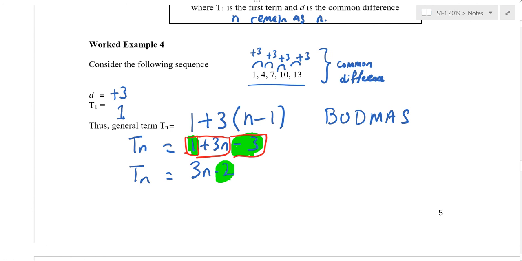Very good. The reason why you want to find term n is because if you want to find term 50, Xiajun say term 50.